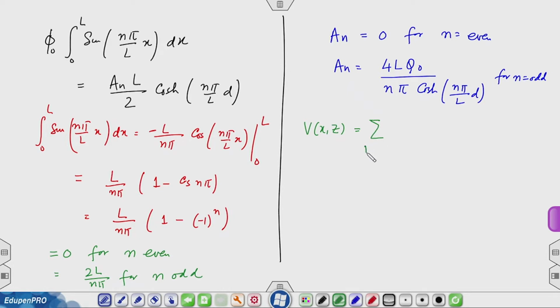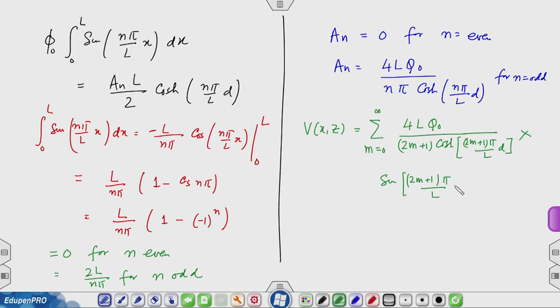So, I am going to make this m equals 0 to infinity 4 L phi 0 over 2 m plus 1 pi, that makes it odd, cos hyperbolic of 2 m plus 1 pi over L d times sine of 2 m plus 1 pi over L x times cos hyperbolic of 2 m plus 1 pi over L z.